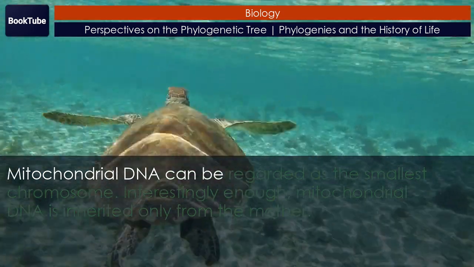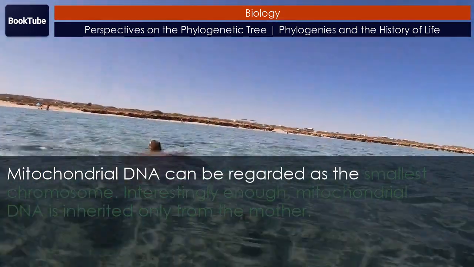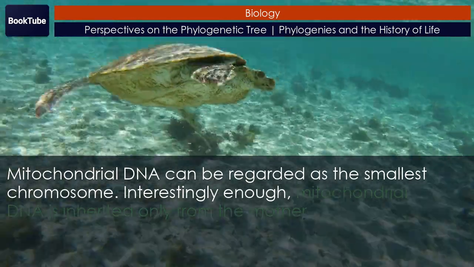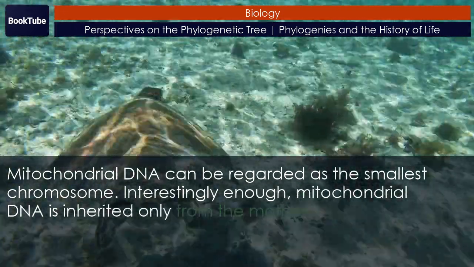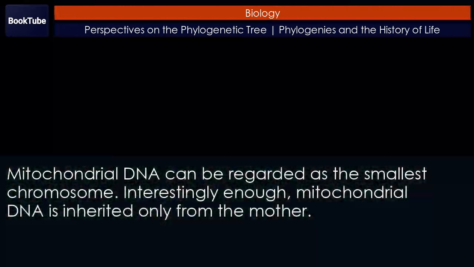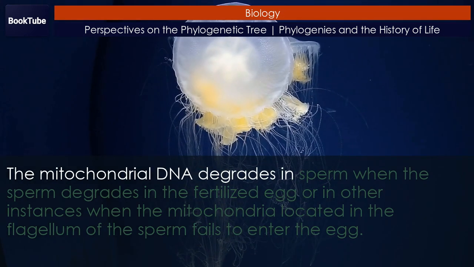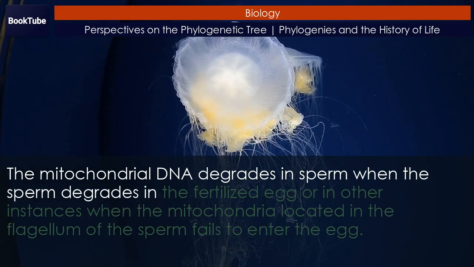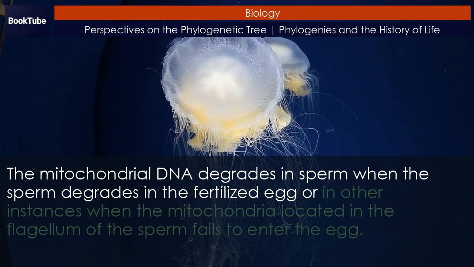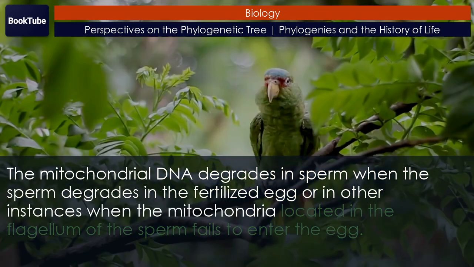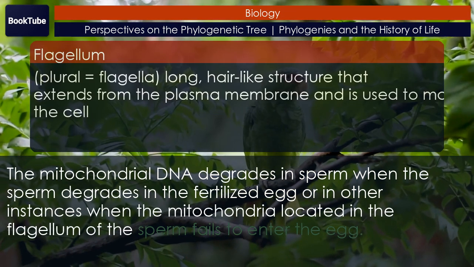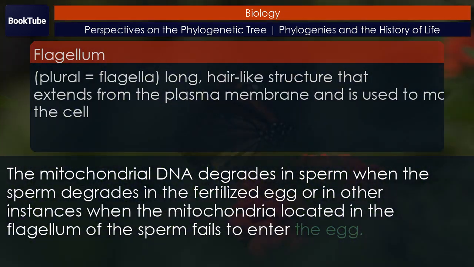Mitochondrial DNA can be regarded as the smallest chromosome. Interestingly enough, mitochondrial DNA is inherited only from the mother. The mitochondrial DNA degrades in sperm when the sperm degrades in the fertilized egg, or in other instances when the mitochondria located in the flagellum of the sperm fail to enter the egg.